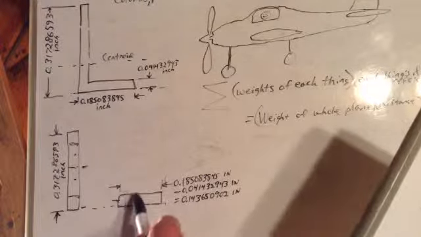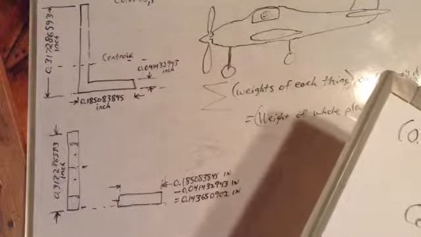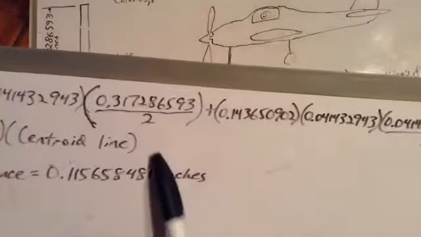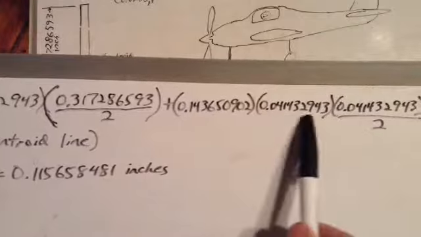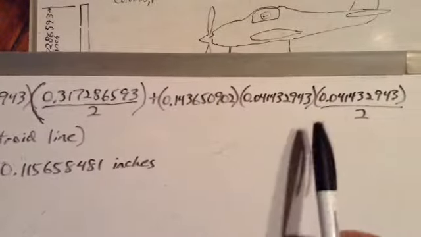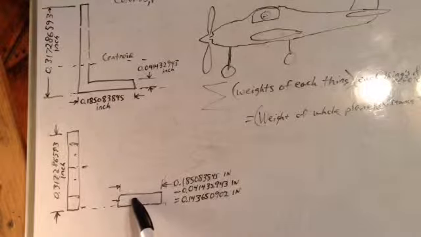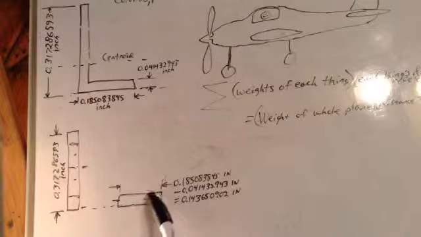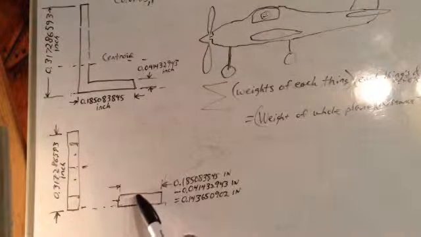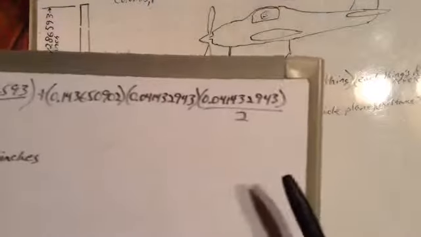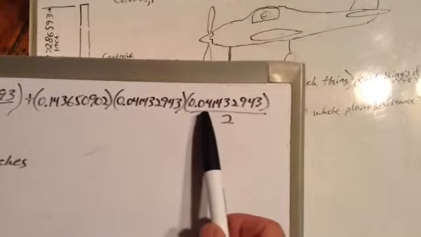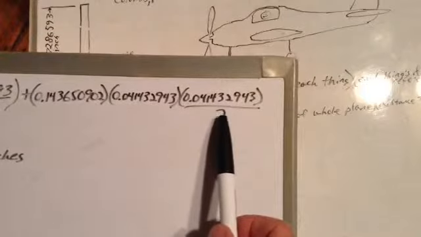That distance times that thickness, which was 0.0414, times the distance between halfway up and the reference point, which is on the bottom, which is half of the thickness of that, which isn't much. It's only 41 thousandths, so that's going to be 20 thousandths. It's going to be this distance, 41 thousandths divided by 2.